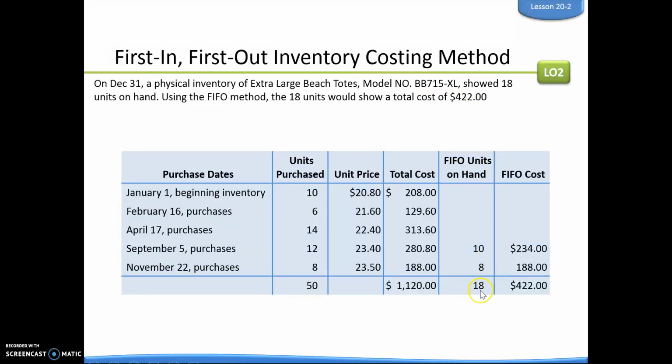So essentially, if we have 18 on hand, we work backwards because these were the first ones in. So for 10 of them at $23.40, we get a FIFO cost of $234 plus the extra 8 that we need to get to 18 total. So we work our way backwards from the first ones that we bought. We consider those to be the first in, first out.